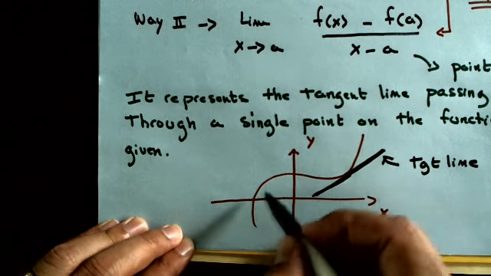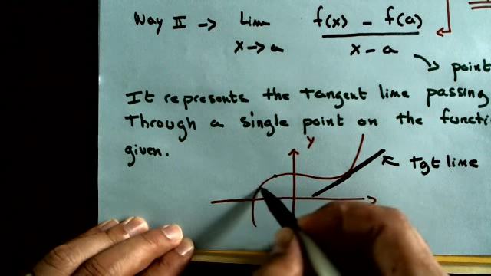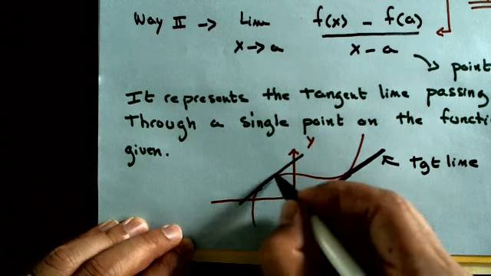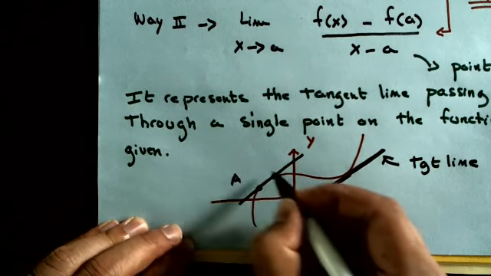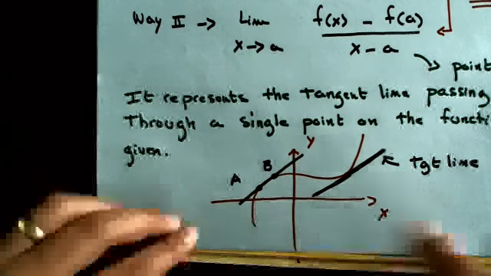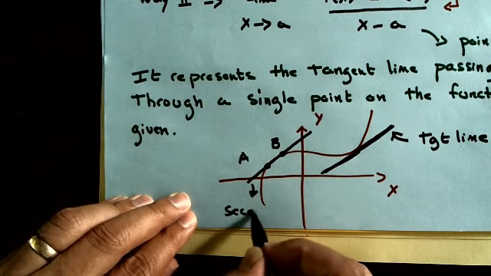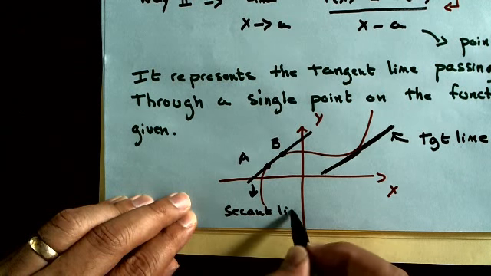And if you pass through 2 points, like A and B, this is technically called a secant line.